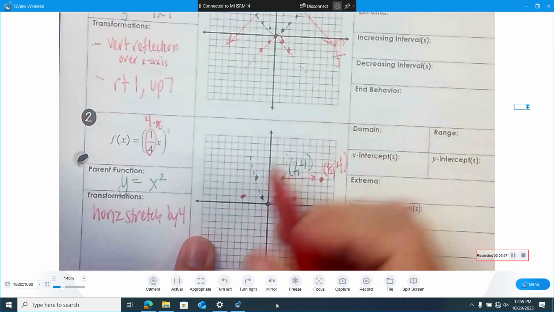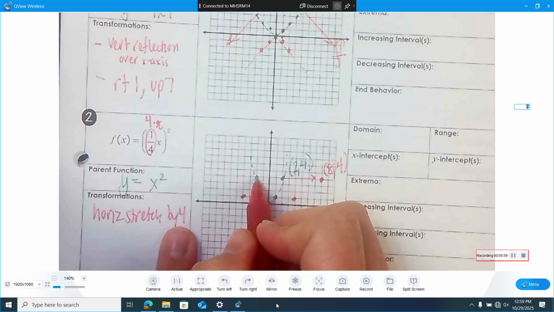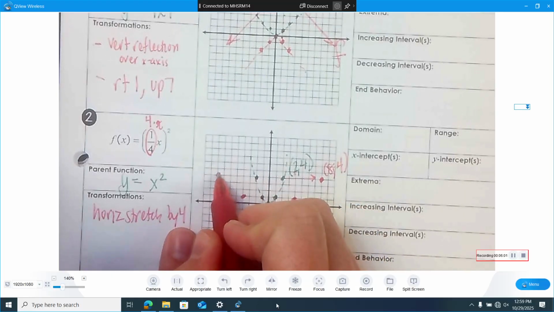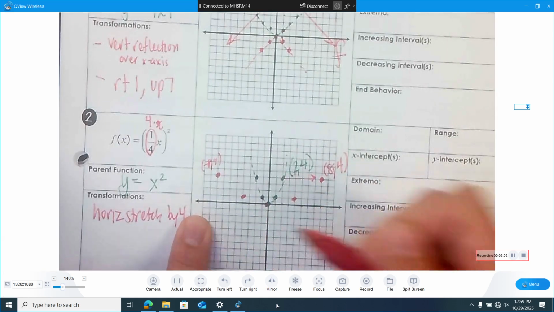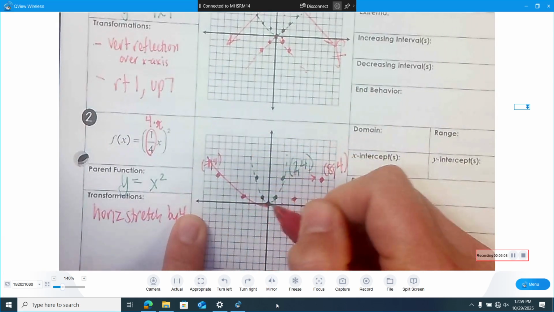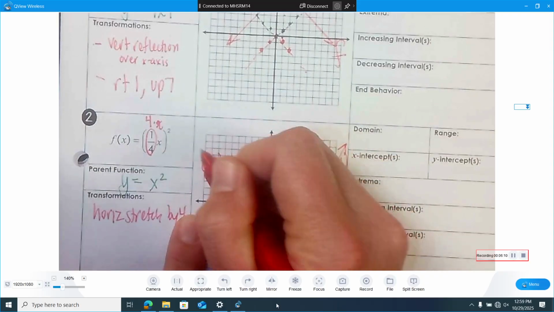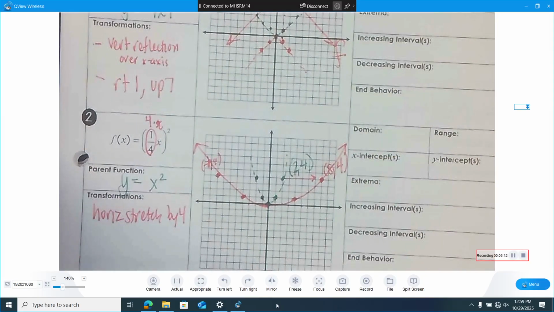And then our point here, which is at negative 2, 4, is going to stretch way out to negative 8, 4. All right? And so we get this really fat parabola, really wide, stretched out parabola. All right. I love doing point transformations. I think it's so cool. All right.